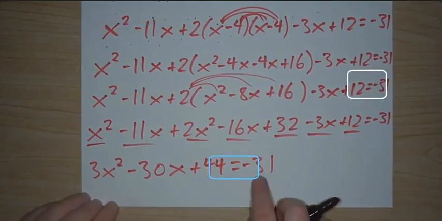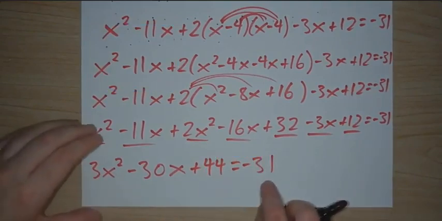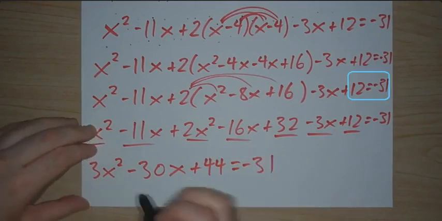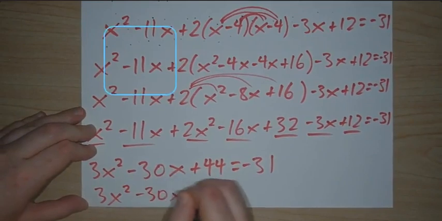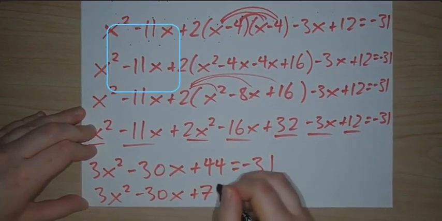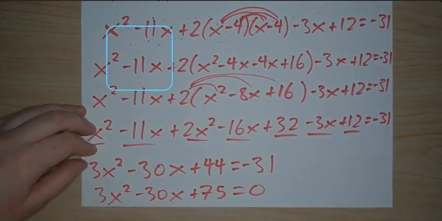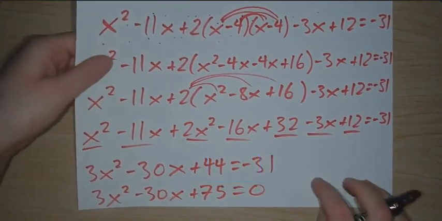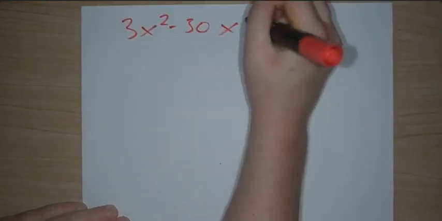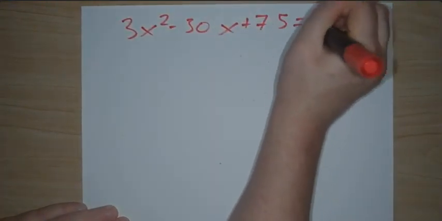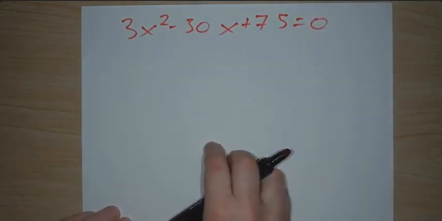We can add 31 to both sides so that this side is equal to 0, and we get 3x squared minus 30x plus 75 equals 0. Moving on to the next page, we want to factor this as much as we can.